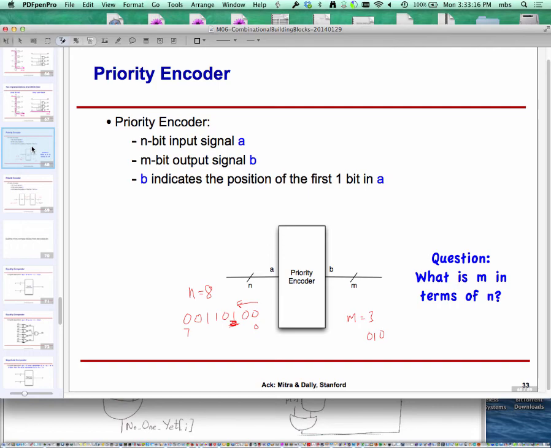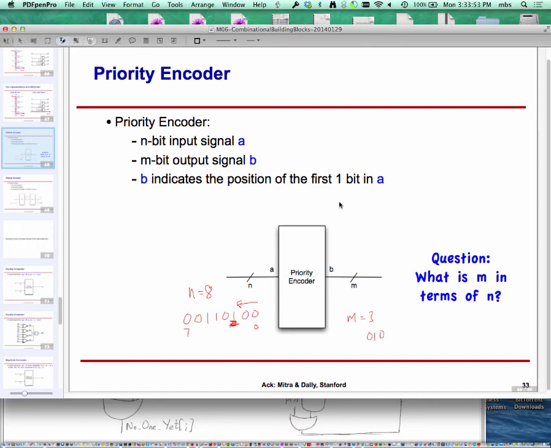A priority encoder is an example of picking two modules and creating a more complicated behavior out of them. A priority encoder takes an n-bit signal A and outputs an m-bit signal B, where B indicates where the first one occurs in A. A has n bits, some high and some low, and the bit positions of A can be represented in log2 n bits.